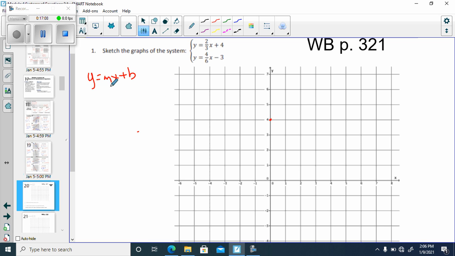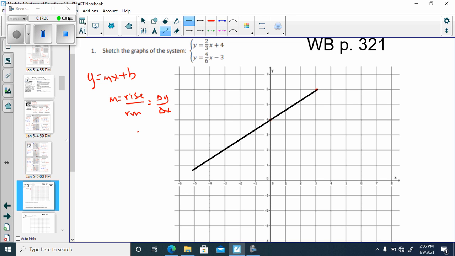Our 2/3, our m, is equal to rise over run, which is the same as change in y over change in x. From here, 2 over 3, I go up 2 and over 3, okay? And then you simply draw your line through the 2 points. There you go.